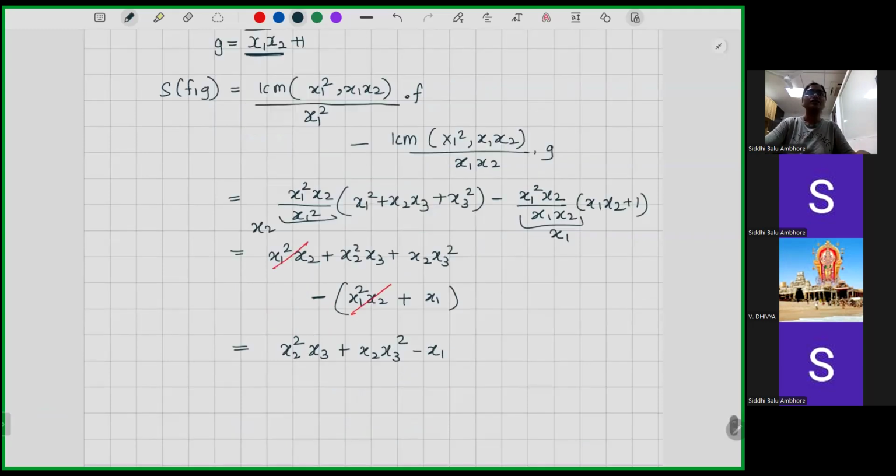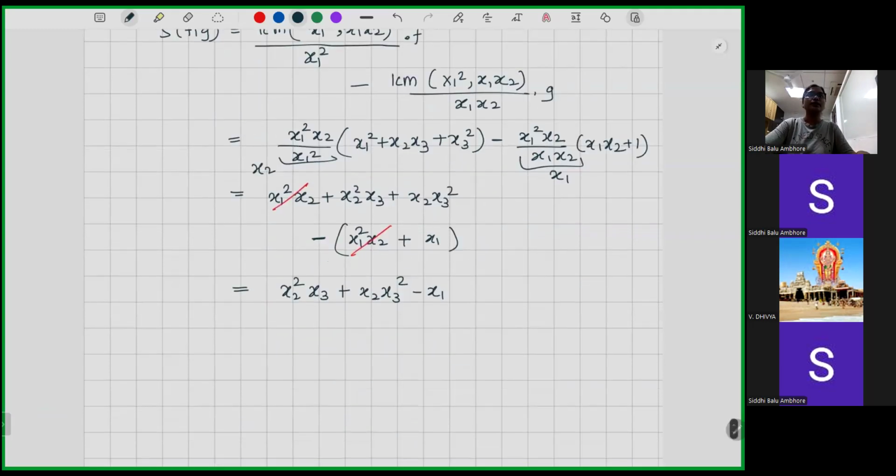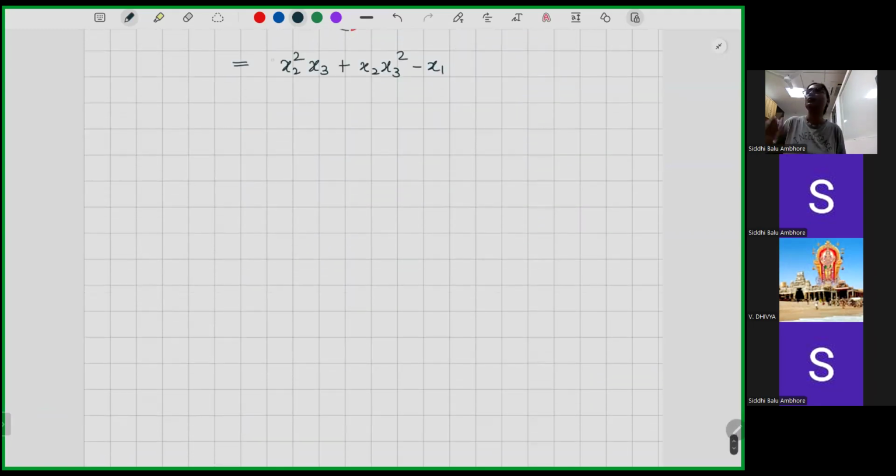So this is how S polynomial or S pair is calculated. And now we will see one example of the Buchberger algorithm. I think Rashid is not here today, but he was asking about how to find a Gröbner basis from given generating terms.